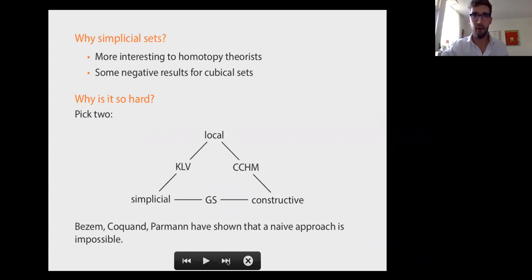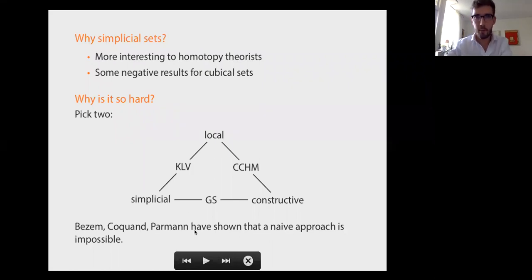On top of that, there are also some negative results for cubical sets, both in the homotopy domain and in the logical domain. So it is still of everyone's interest to produce a constructive model of homotopy type theory in simplicial sets. And why is that so hard?